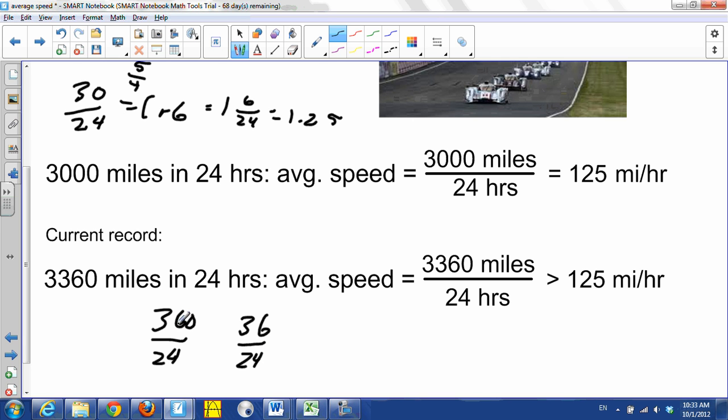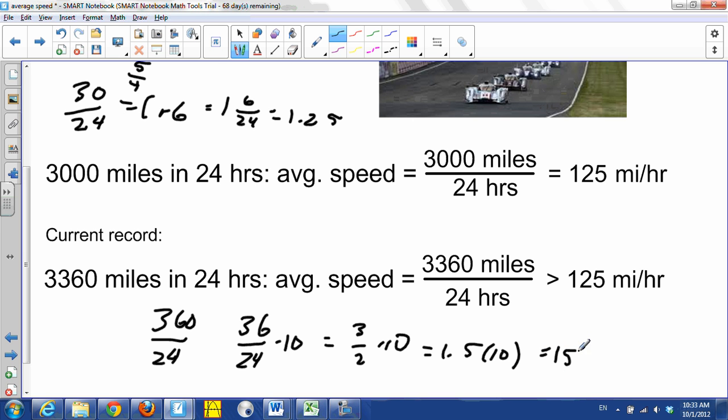Whatever that is, 360 is just 10 times that. How many 24s are in 36? Well, that could reduce to 3 halves. Hopefully you see that. Times 10, and 3/2 is 1.5. So 1.5 times 10 equals 15.